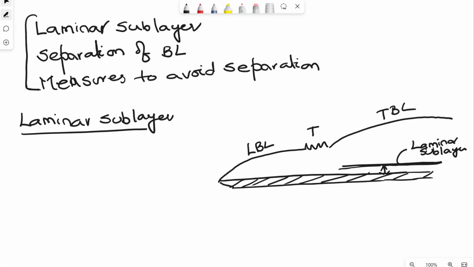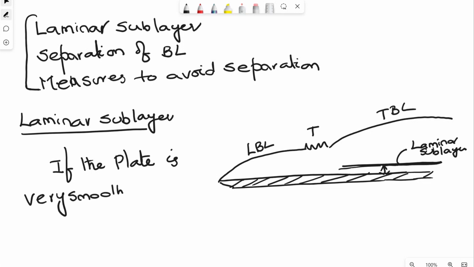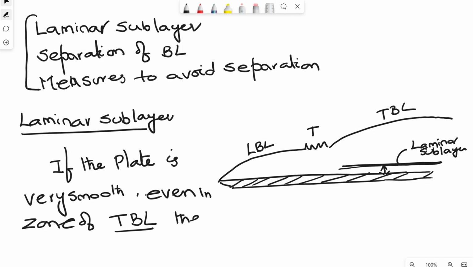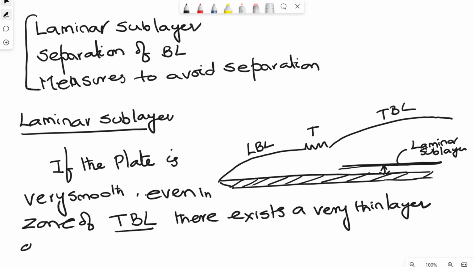So that means if the plate is very smooth, even in the zone of turbulent boundary layer, there exists a very thin layer adjacent to the boundary.